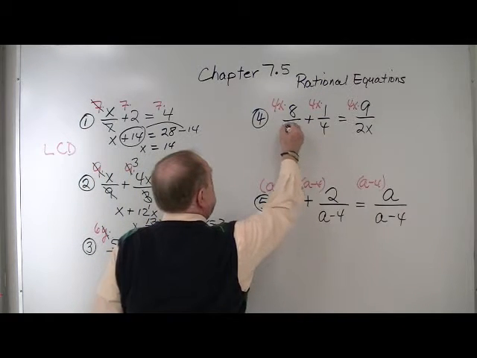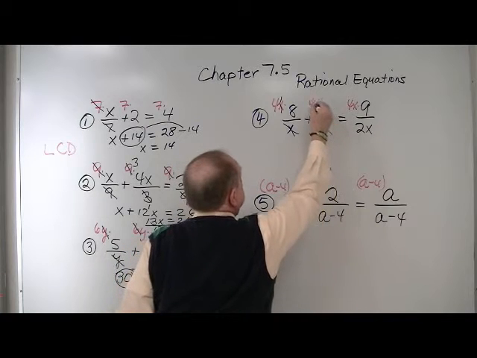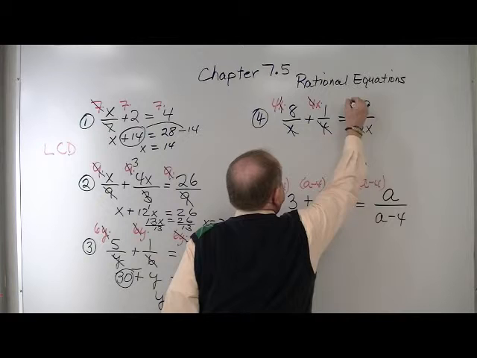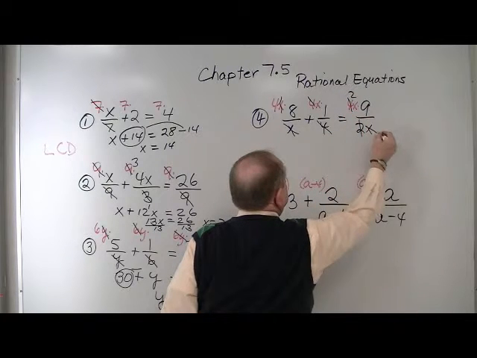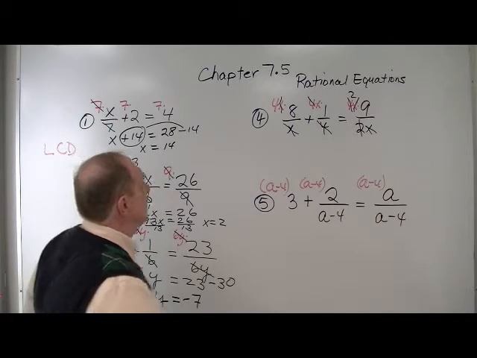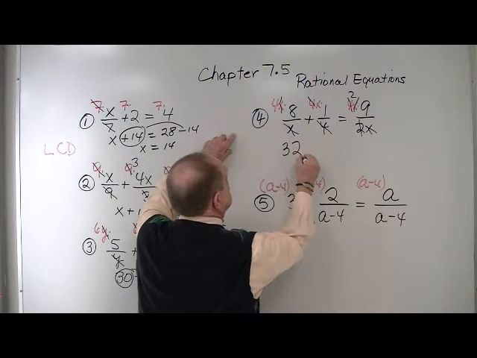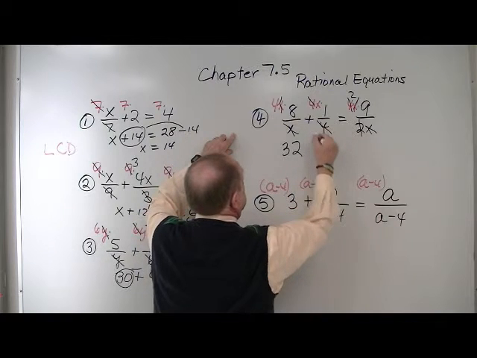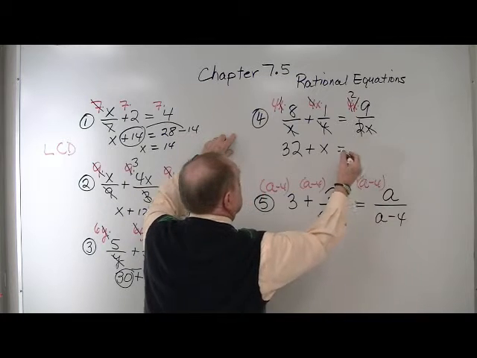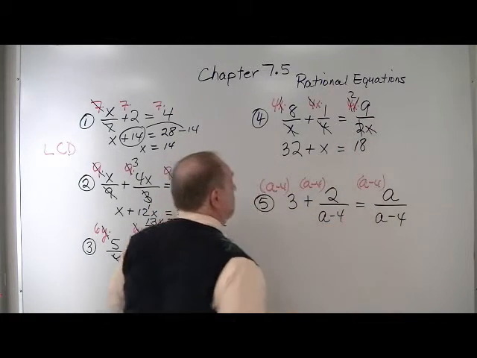Over here, we're going to cancel out the x, cancel out the 4, cancel out the 2, we get a 2 left over, and we cancel out the x. So we get 4 times 8 is 32, plus x equals 2 times 9 is 18.